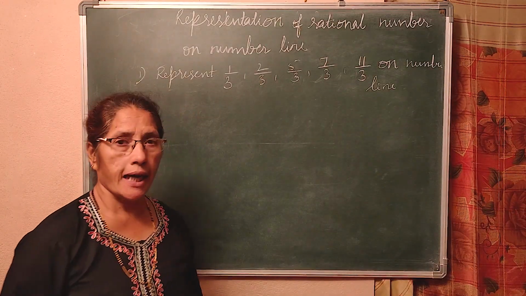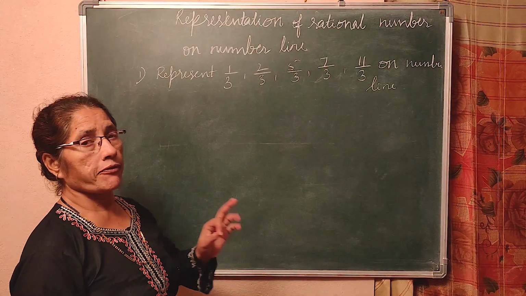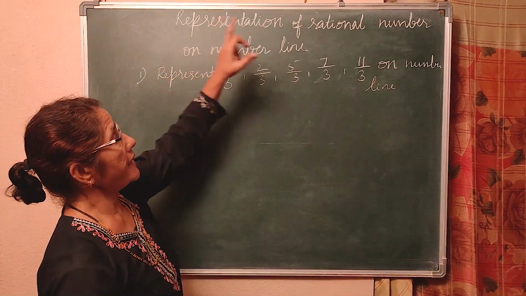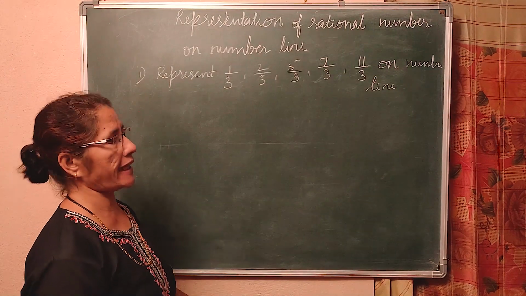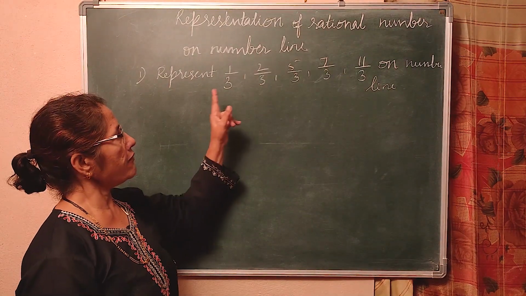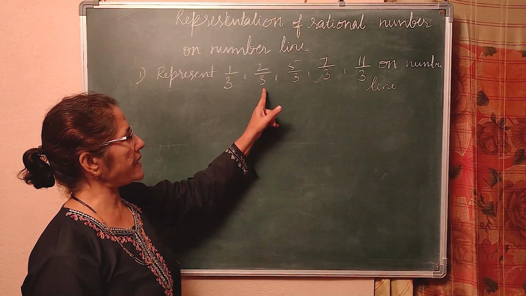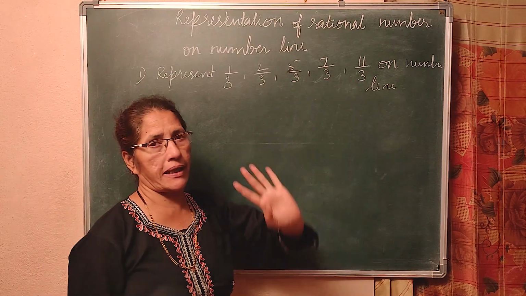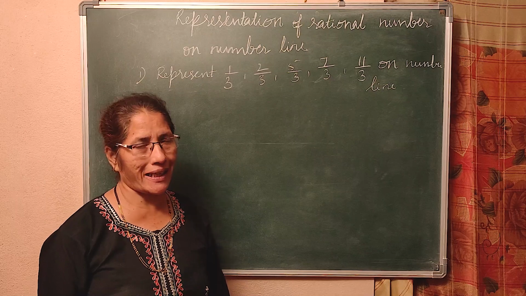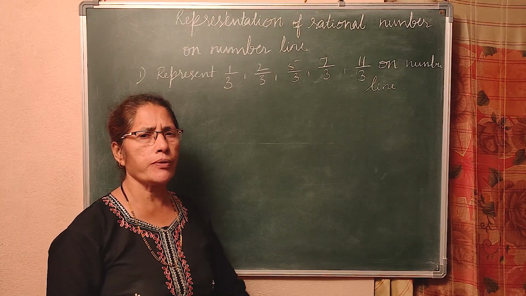Now, as I say, we are going to represent the rational number on a number line. They have given the first question like this. Represent 1 by 3, 2 by 3, 5 by 3, 7 by 3, 11 by 3 on number line. Right? So what do I have to do?